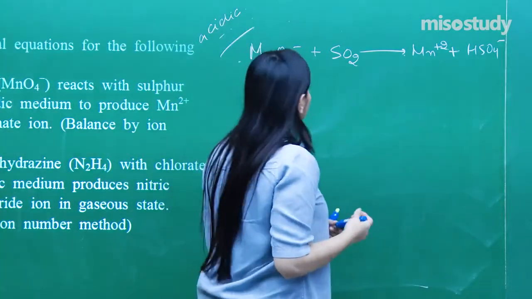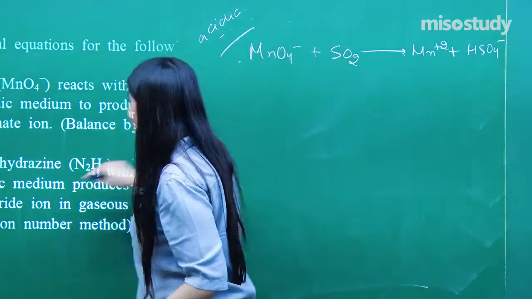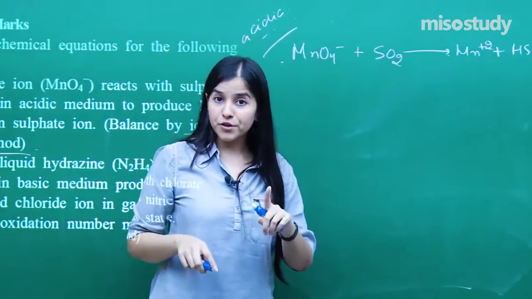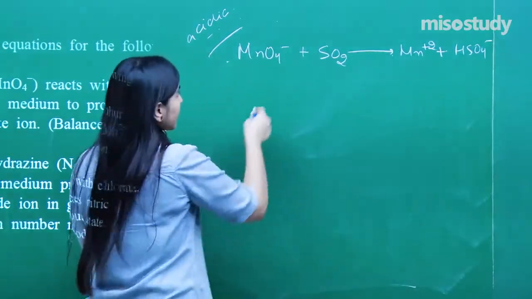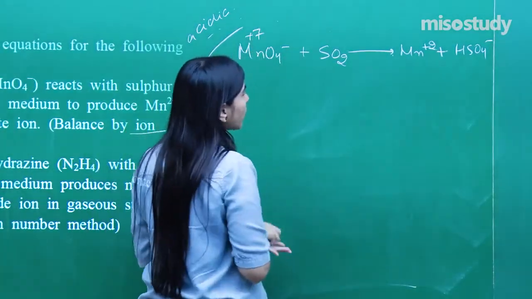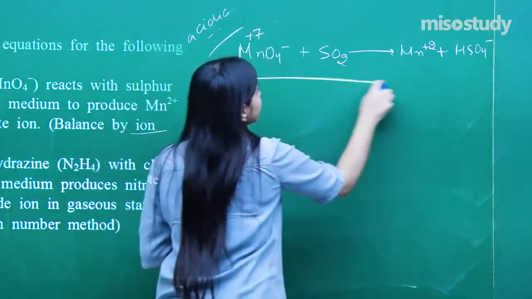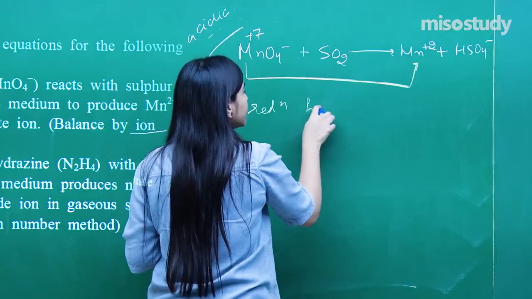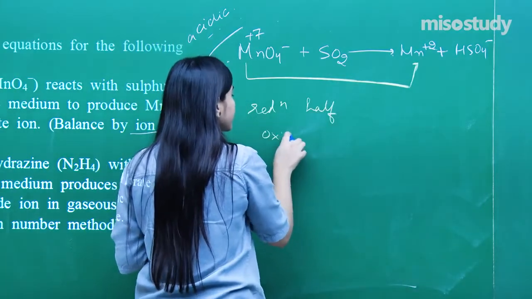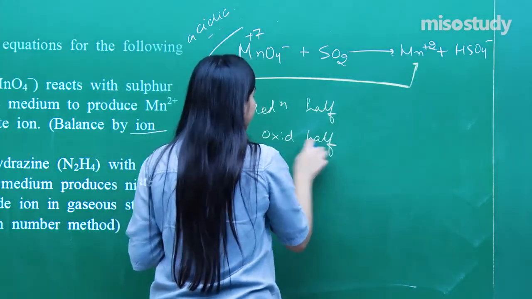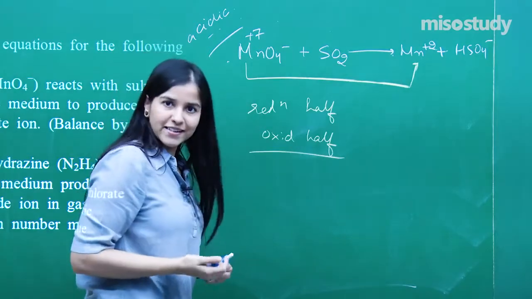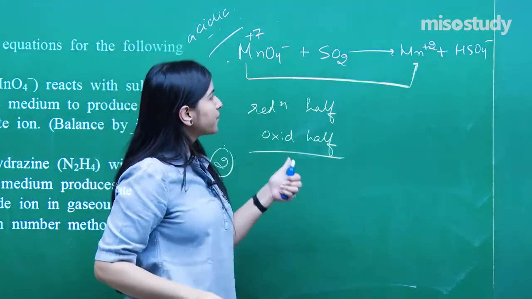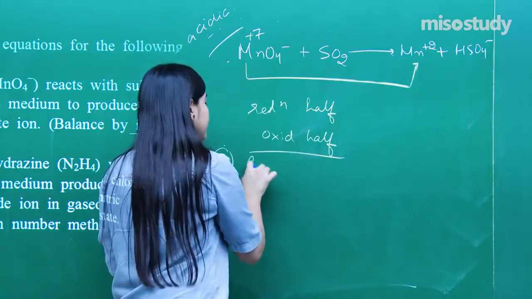So what you have to do, they ask for the ion electron method, right? In ion electron, you remember, first of all the reduction half. What is the reduction half? This is the reduction half. You need to separate the reduction half and you need to separate the oxidation half. Second step, you need to balance the atoms.